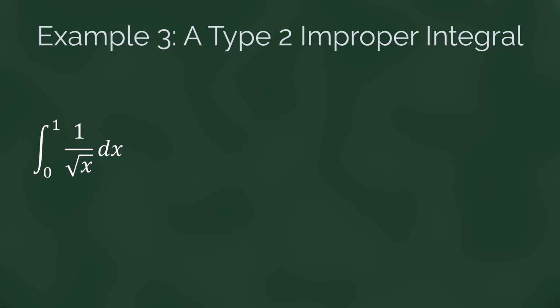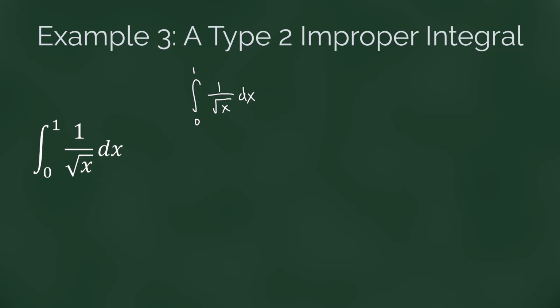For our first example of a type 2 improper integral, we will again return to our initial discussion and examine the integral from 0 to 1 of 1 over the square root of x dx. We saw that this was unbounded at 0, that the function and its area grow as we approach 0.